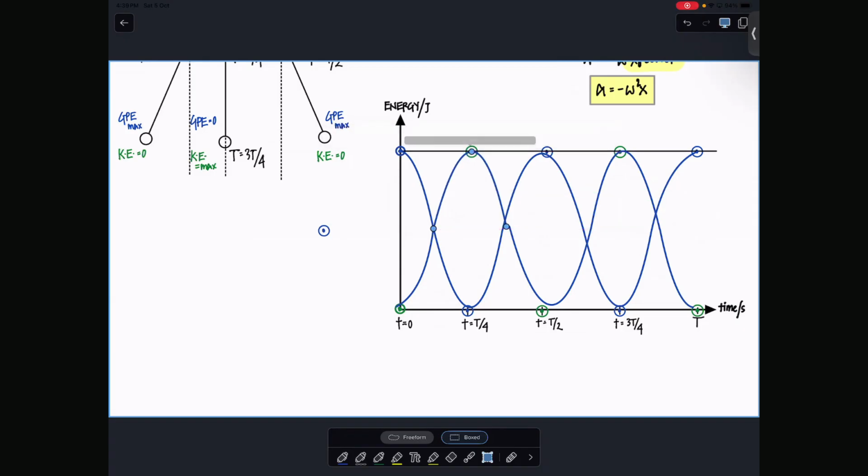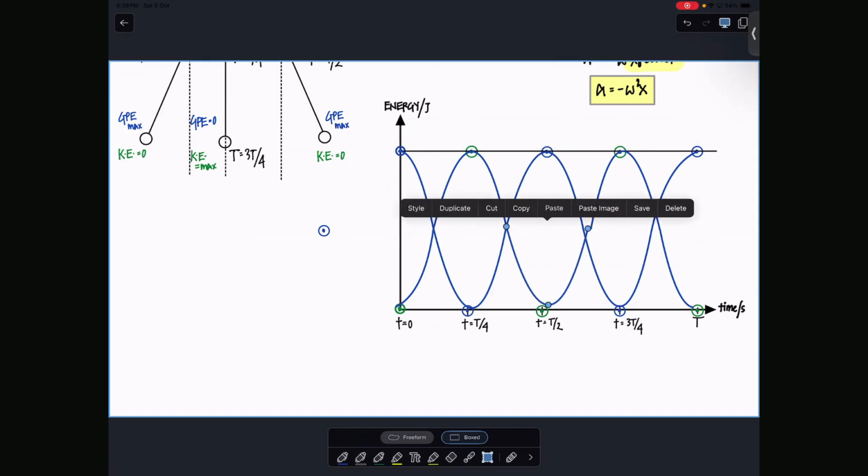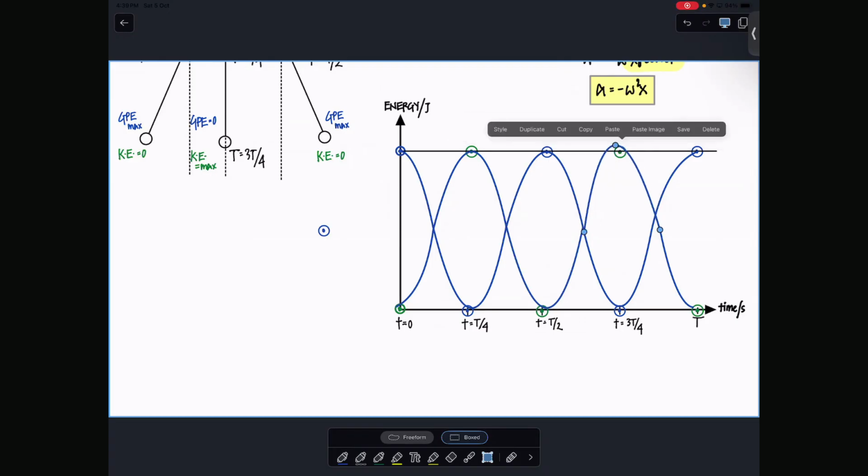At any given point in this oscillation, if you take the values for GP and K and add them together, what would you get? Total energy. You get that black line at the top. So this is how the graph is. Yes, you are expected to draw this in the exam. Sketch this more appropriately. But do you understand that there are how many cycles involved here? 2. That's very important.